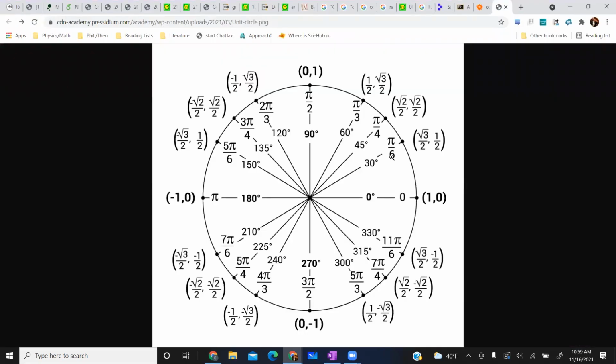So what we're interested in is an x coordinate of 1/2. Well, that is right here, or -1/2. So it's actually going to be some variant of pi over 3. It's not going to be pi over 3 because that coordinate is 1/2, and we're interested in -1/2. So really the only angle between 0 and pi that satisfies the requirement is 2 pi over 3, because the x coordinate is -1/2.